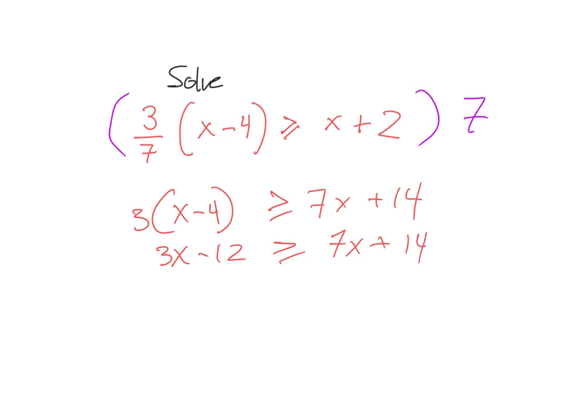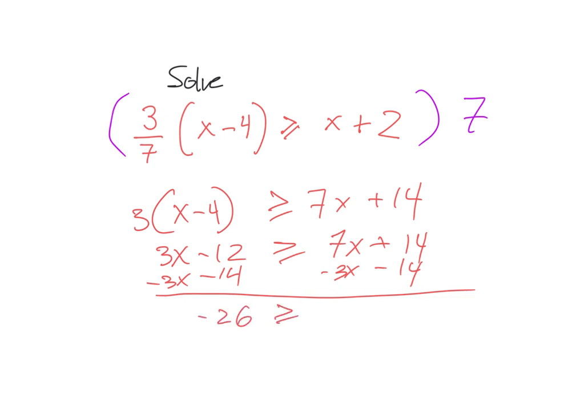I'm going to move everything to the right-hand side for my x's, so minus 3x from both sides. And then I'm going to subtract 14 from both sides, so I'm doing the identical thing to both sides of this inequality. On the left-hand side, I now have negative 26 greater than or equal to 4x.